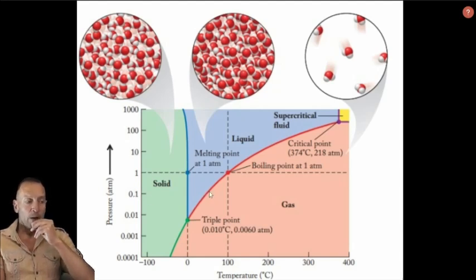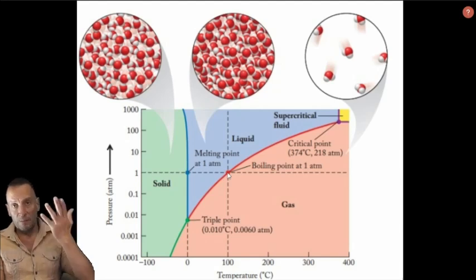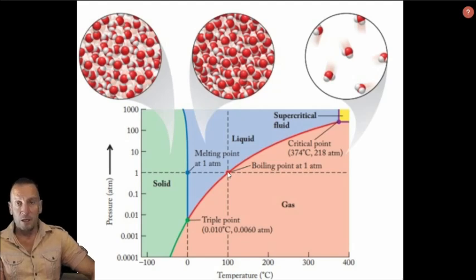See, then the water pressure gets to 100% and starts boiling the water at 100 degrees, but it must also be 1 atmosphere. Below that, at 1 atmosphere, we're going to have less and less water pressure.